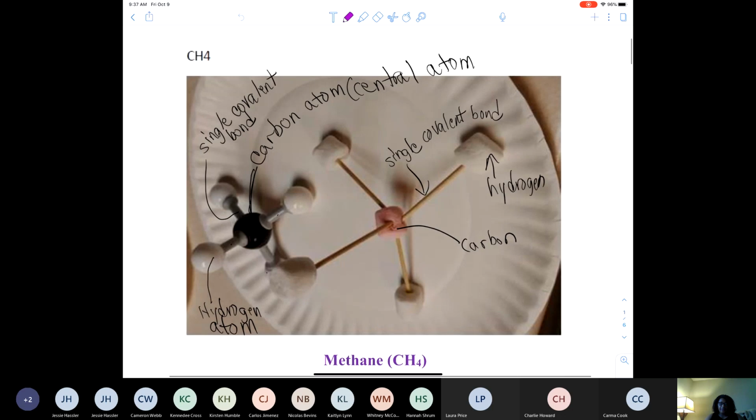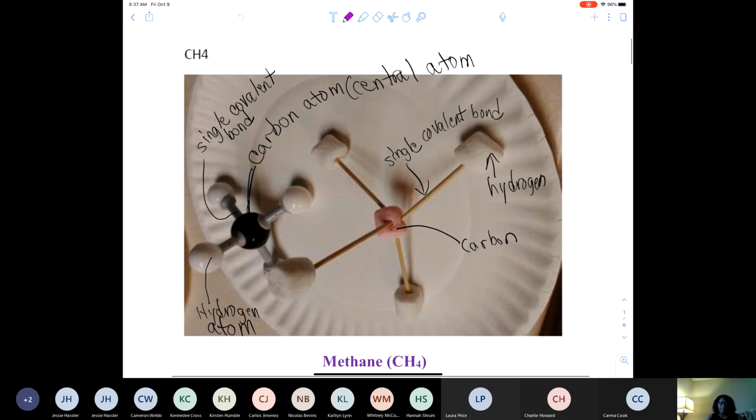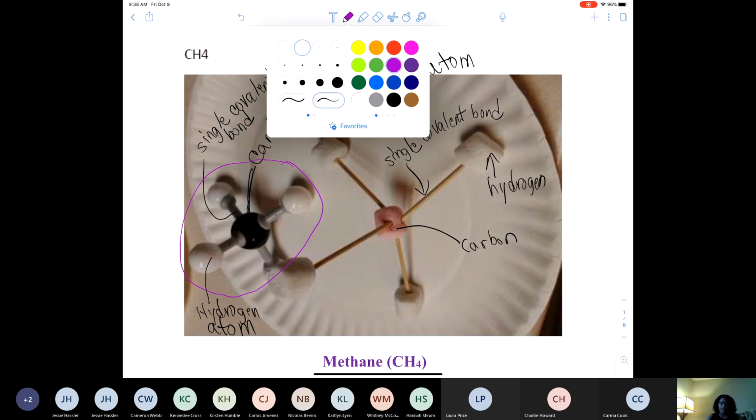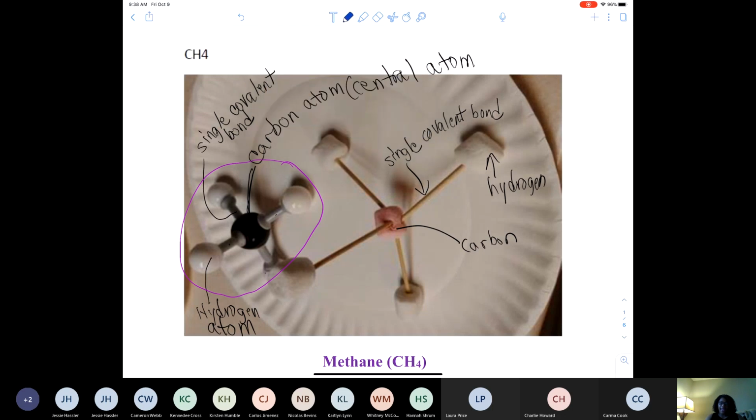So here is the methane. And we have both a ball and stick model here, as well as what I call a marshmallow and toothpick model here. And they are telling you the same information.